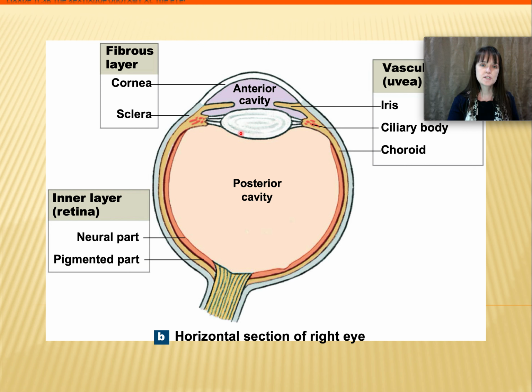That changes the angle of the light as it comes through, focusing it on the fovea. I was actually talking about number four, which controls the shape of the lens, which is the ciliary body.